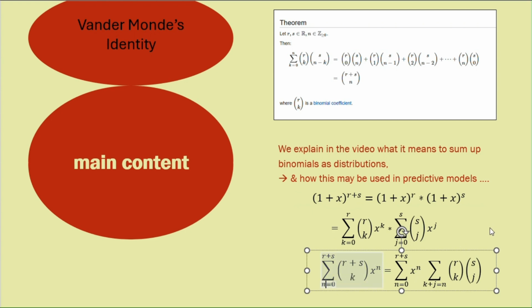And if you expand the right hand side, you get the sum of x to the n from 0 to r plus s, multiplied individually by the sum of r choose k, s choose j for k and j summing to n, always for all the possibilities of k and j. So that's essentially the right hand side.